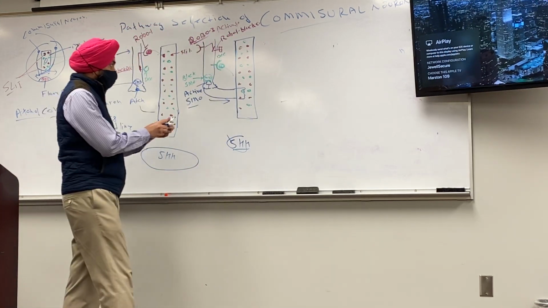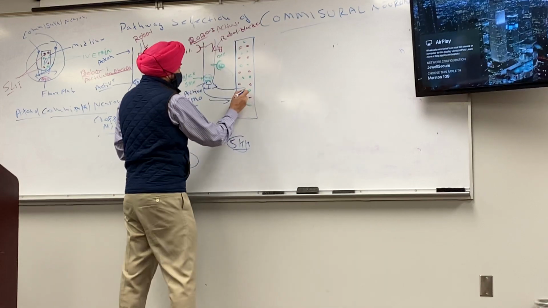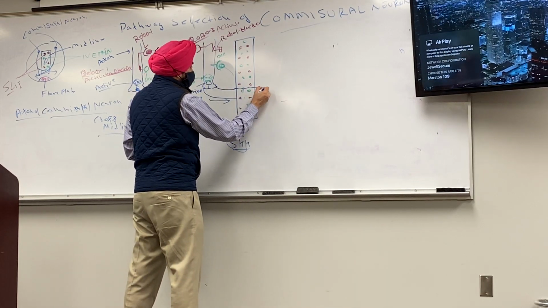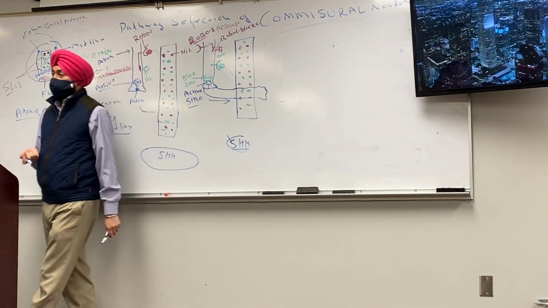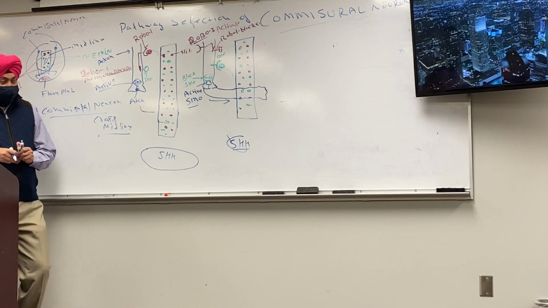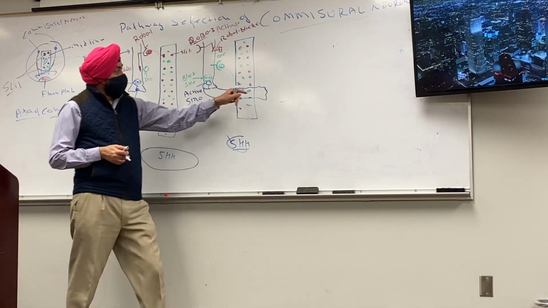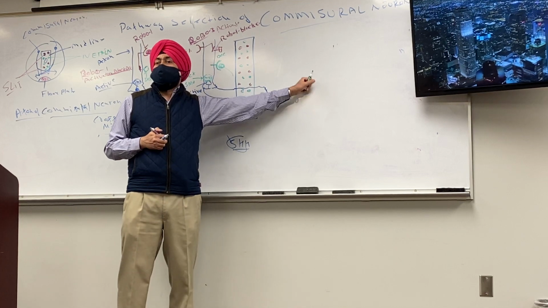Now it has reached here. Okay, then what happened? So now say that this has come here. When it reaches here, then you want to go further away from this. You don't want it to stay at the midline.